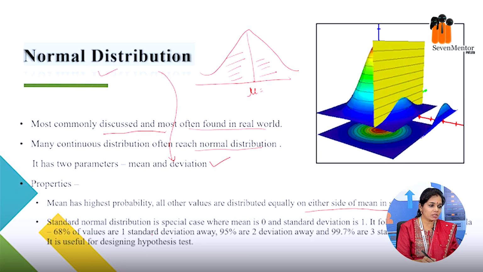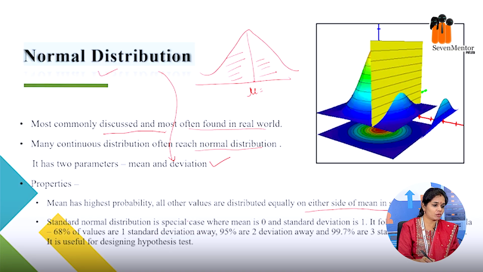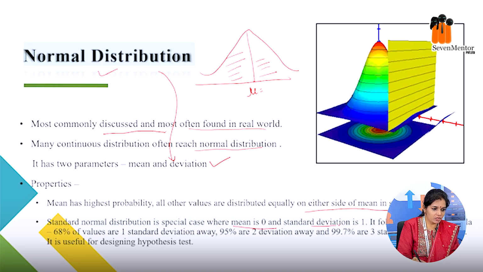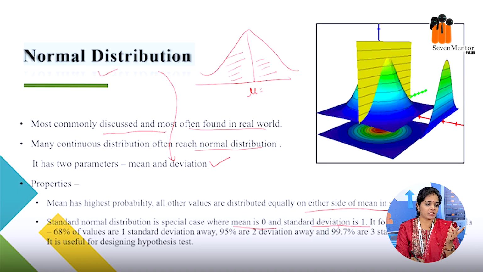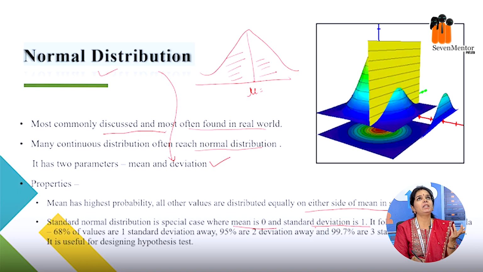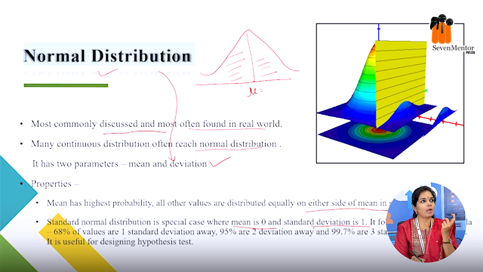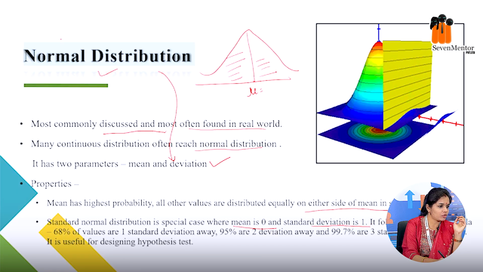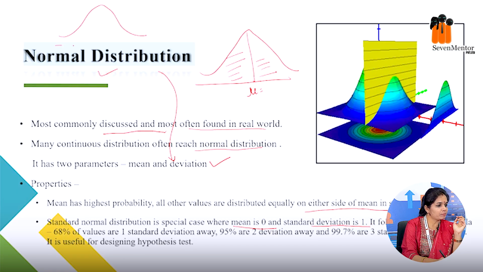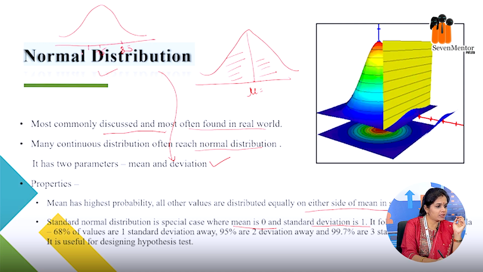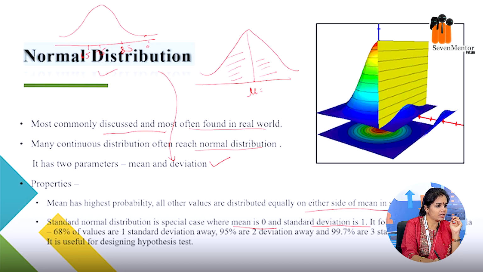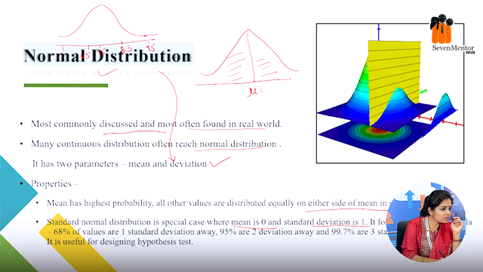What is special about the standard normal distribution? The mean here is 0 and the standard deviation is 1. You remember in the last session we calculated the mean. I'll draw here and show you. Some marks were there like 75, 85, 65, 95 and 55.